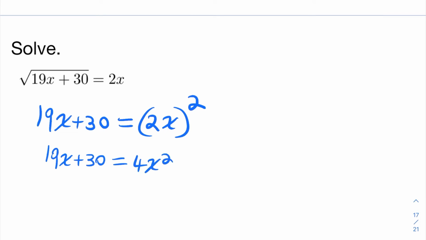I see the x squared and I immediately realize that this is a quadratic equation, and to solve the quadratic equation I want to put it in standard form, which has an ax squared plus bx plus c equaling 0. So I want it to be in that standard form.